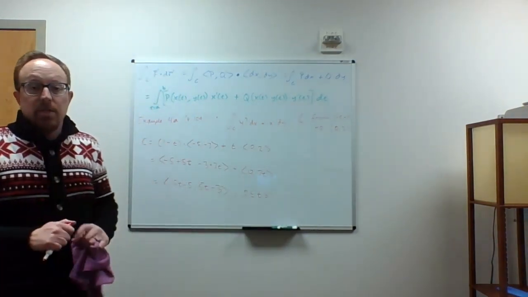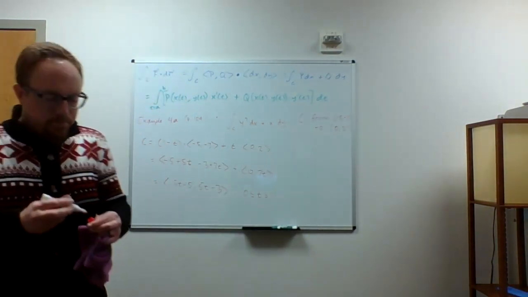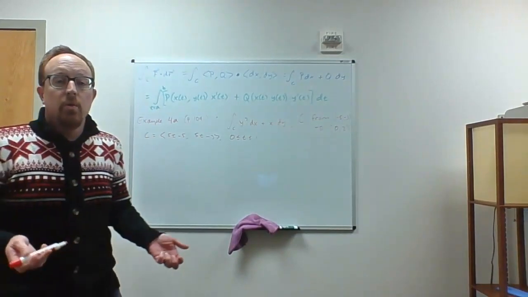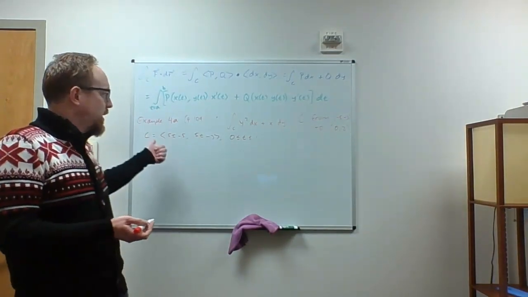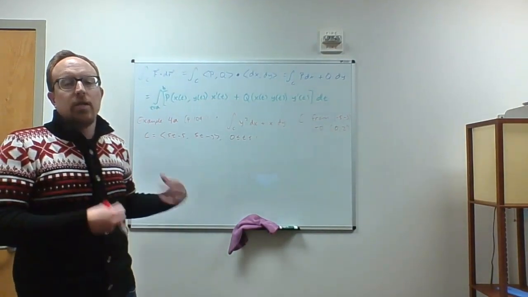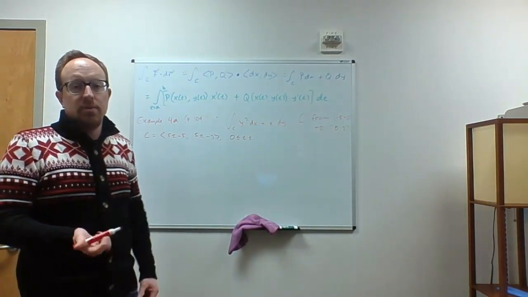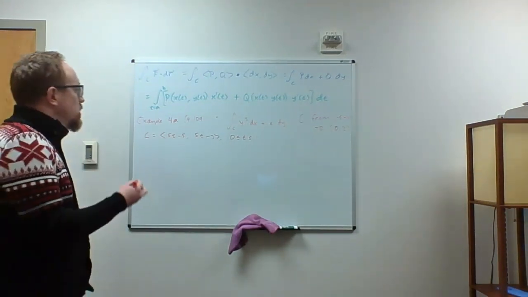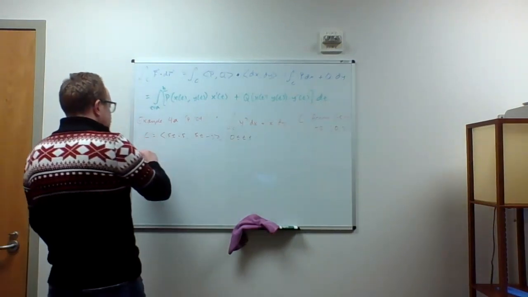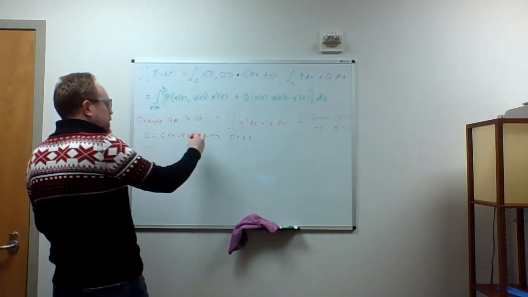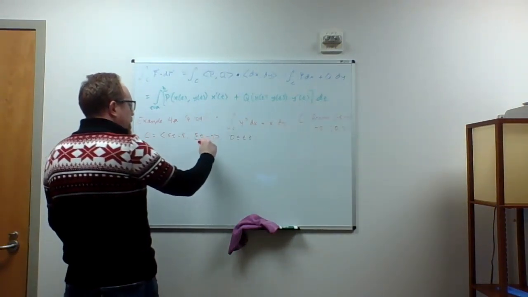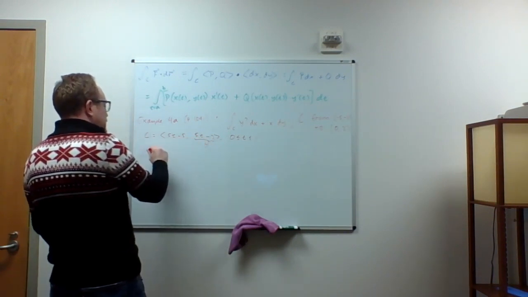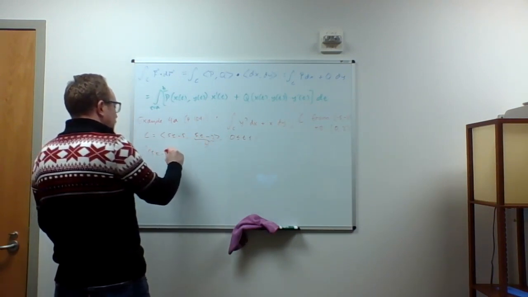I'm going to erase some of this and free up some board space for the next step. Okay, so now that we know what x and y are in terms of t, we can do the substitution process that I was talking about in part 1. So this y squared is going to become, here's our y, (5t minus 3) squared.